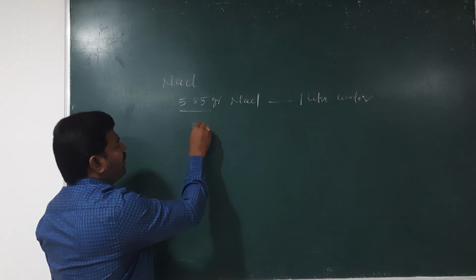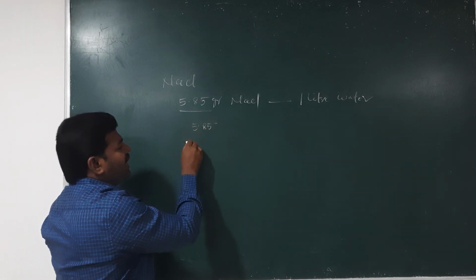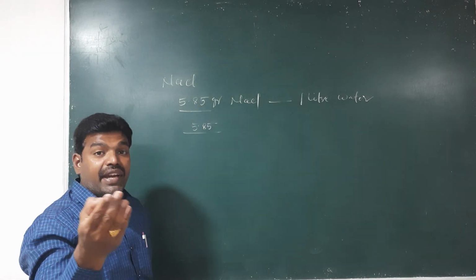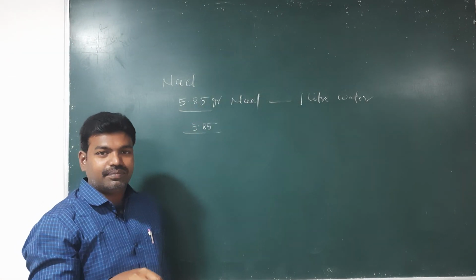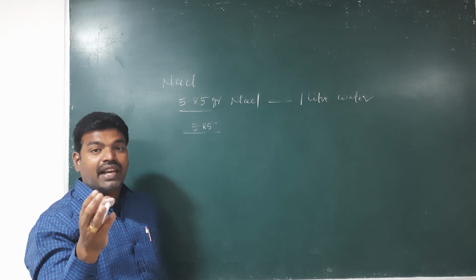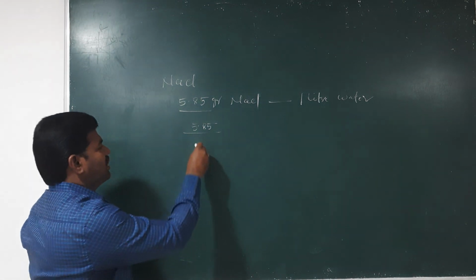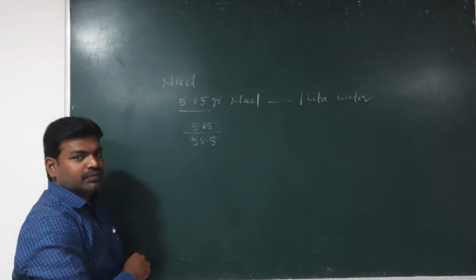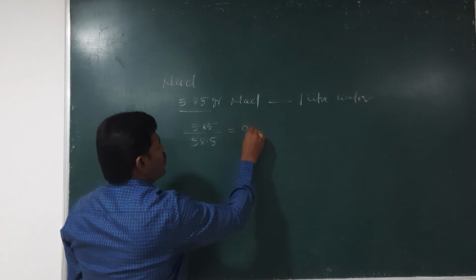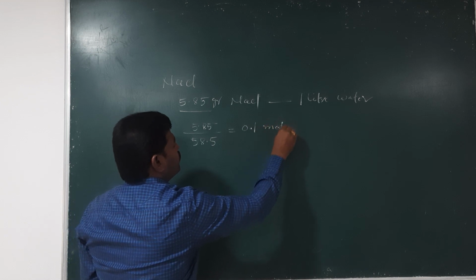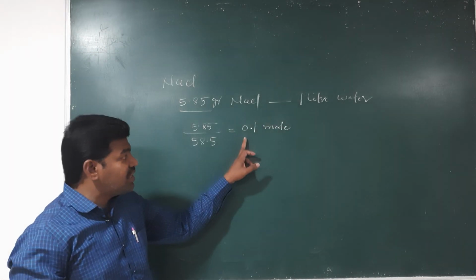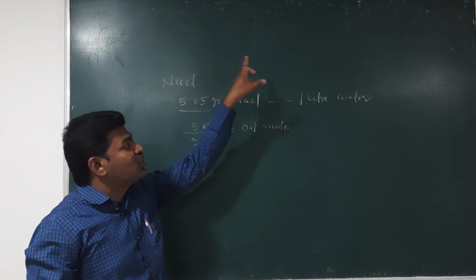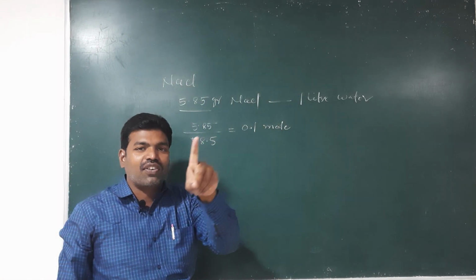If we divide this 5.85 grams of sodium chloride by its molecular weight, then it gives the number of moles. Molecular weight of sodium chloride is 58.5, so that gives 0.1 mole. That means 0.1 mole of sodium chloride is dissolved in 1 liter water.